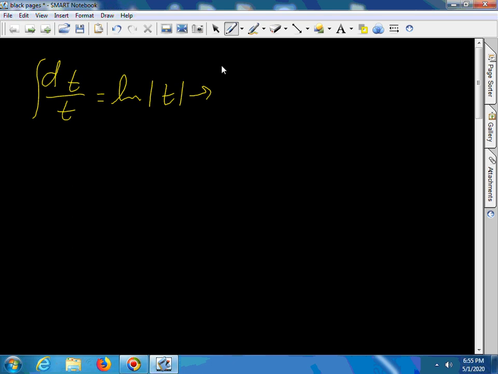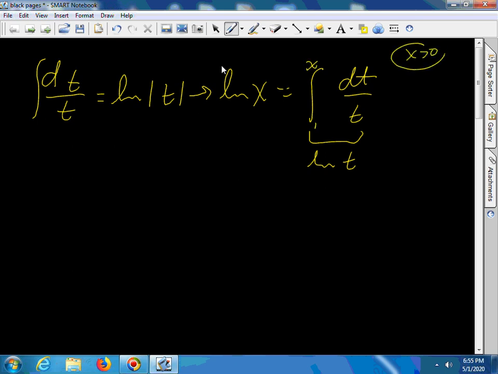So what I can say is that ln of x, replacing the absolute value of t with x, is equal to the integral of dt over t. Now remember, this is ln of t from 1 to x, and we're going to assume that x is positive.